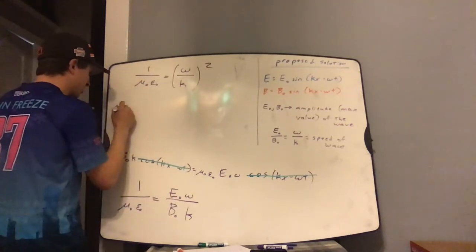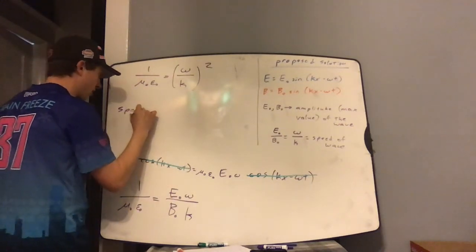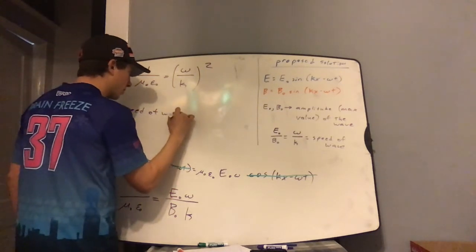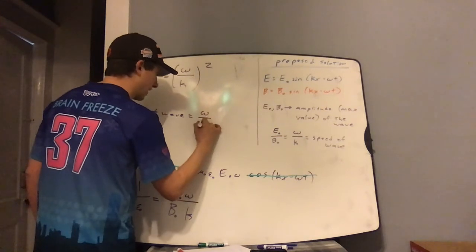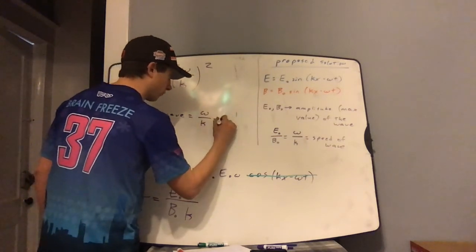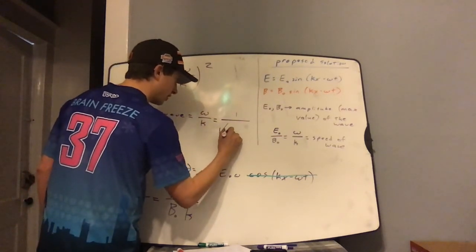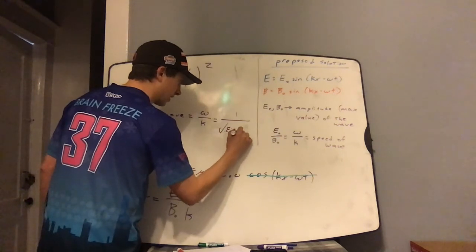So I could write the speed of the wave is equal to omega over k is equal to 1 over square root epsilon naught times mu naught.